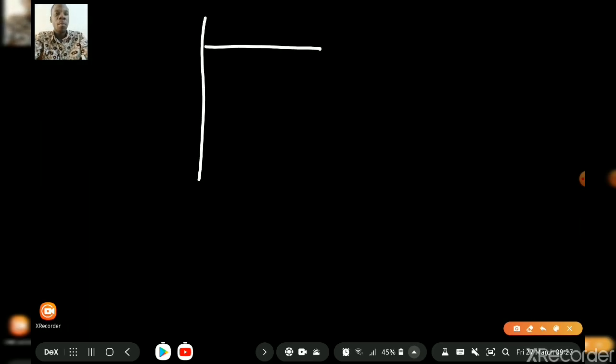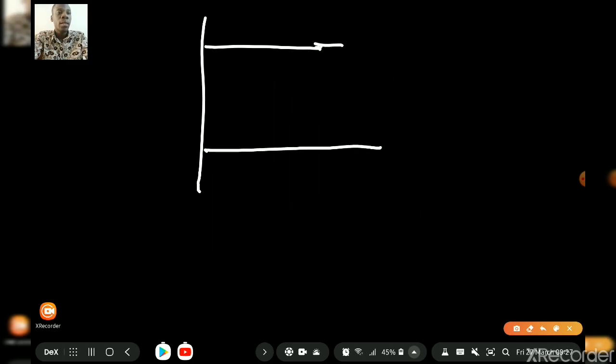If you have a square too, I'm going to draw it to be able to show the exterior angles.